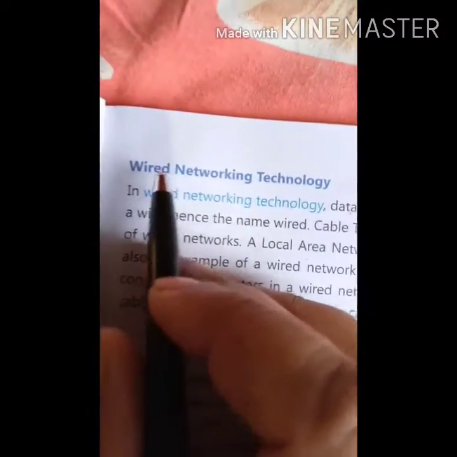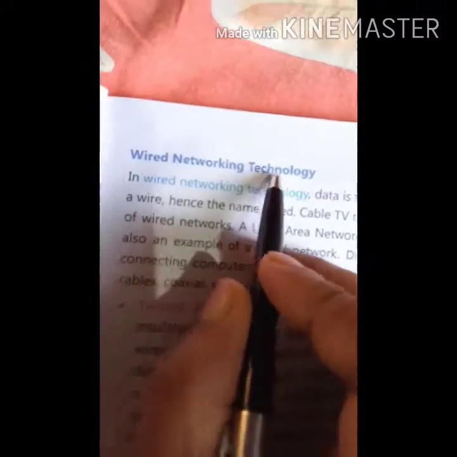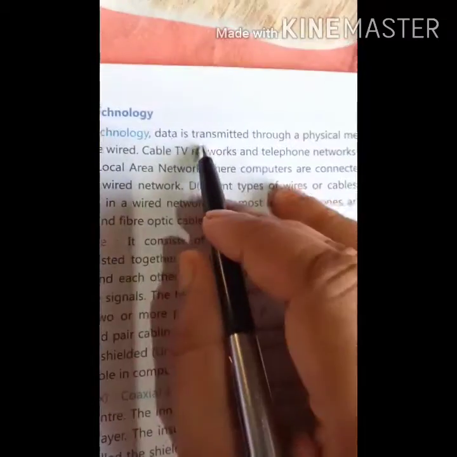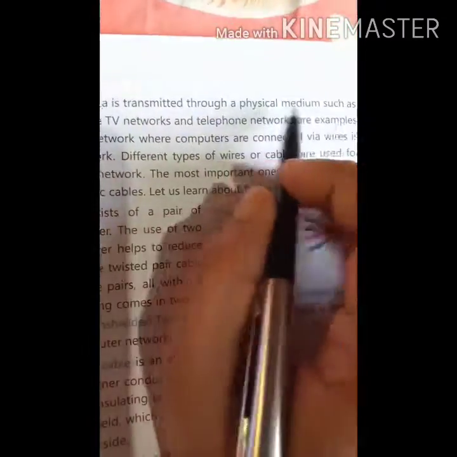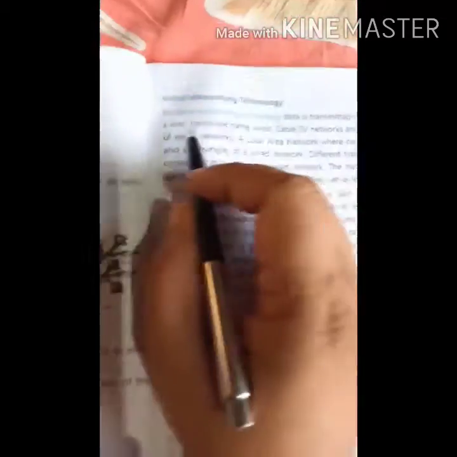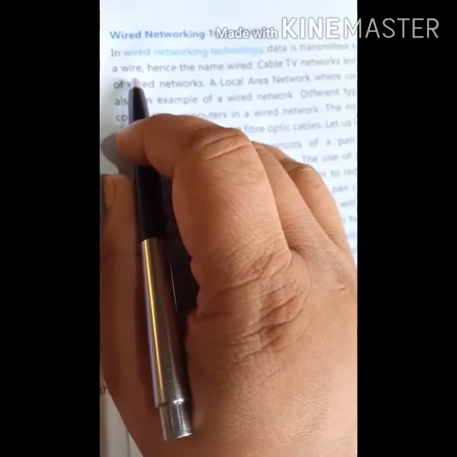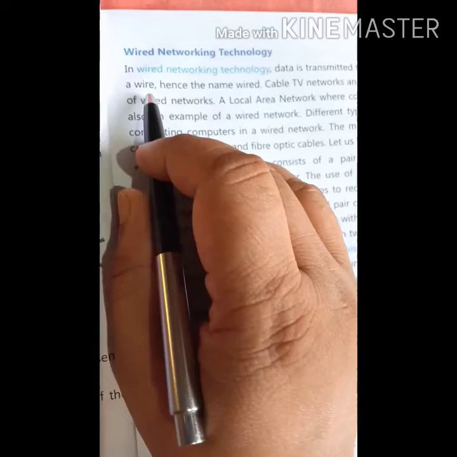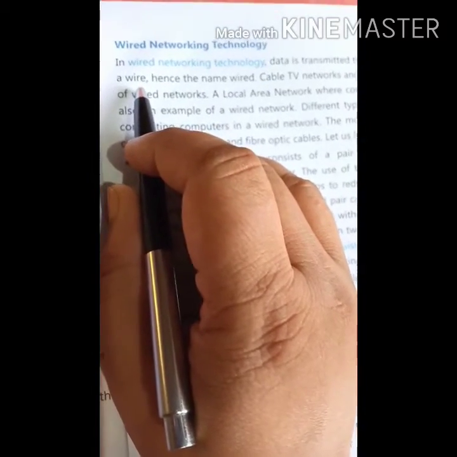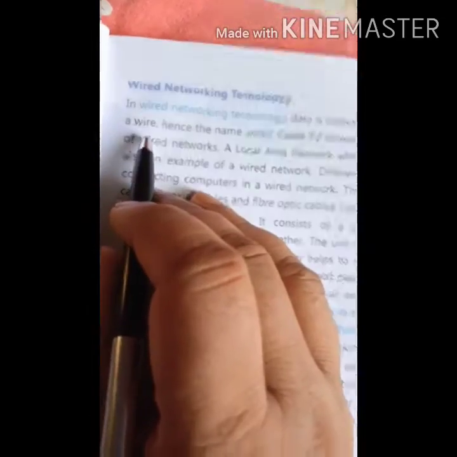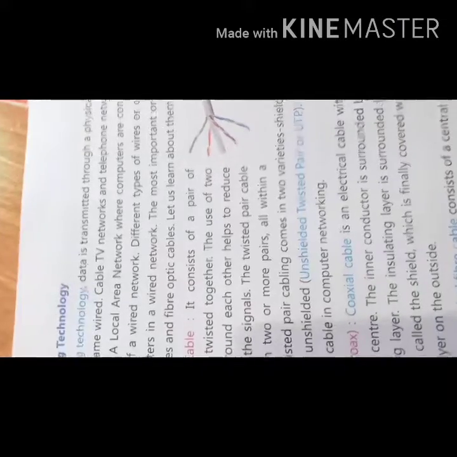We have wired networking technology. In wired networking technologies, data is transmitted through a physical medium such as wire. So you know very well we have twisted cable, coaxial cable and fiber optics cable wire technologies that we use to establish a network.